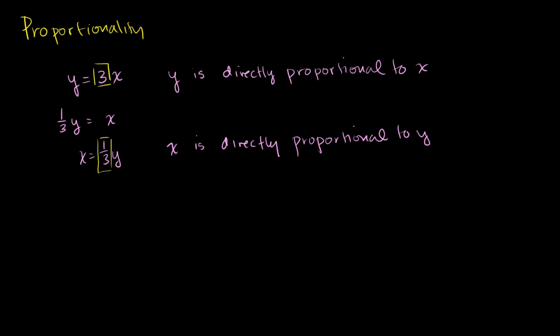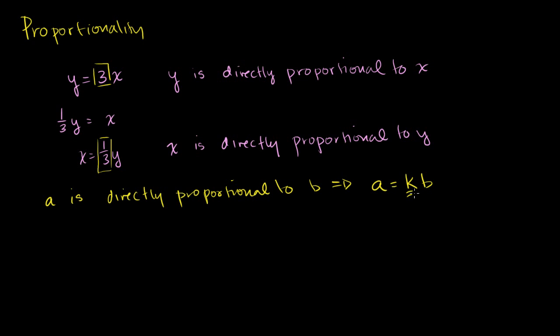So in general, if I say that a is directly proportional, sometimes you'll just see it written as a is proportional. A is directly proportional to b. In general, from this statement, we could write that a is equal to some constant times b, where this constant is equivalent to that constant or that constant.